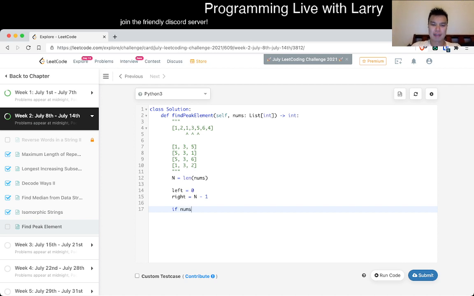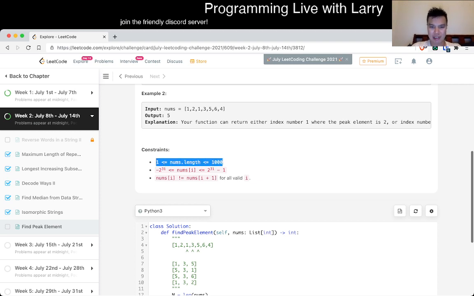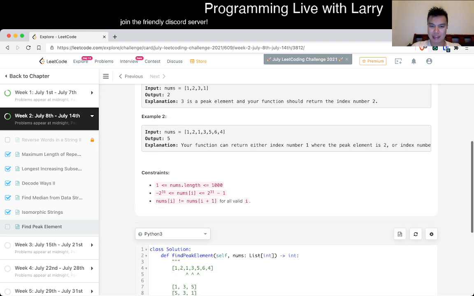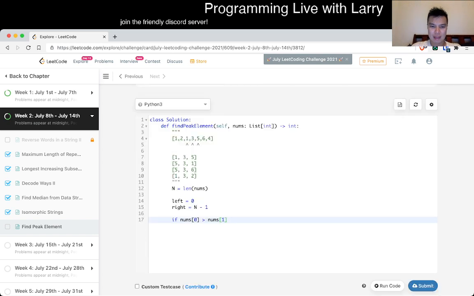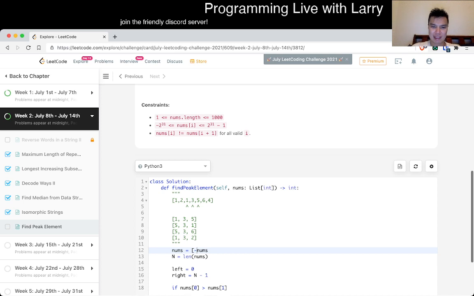If nums sub 0 is greater than nums sub 1, does it always have... it could have one element, which is actually awkward. If it's one element, then... no, I was thinking about the other way of doing it, and I'm going to do it the other way instead, where I just take nums and add negative infinity on both sides.